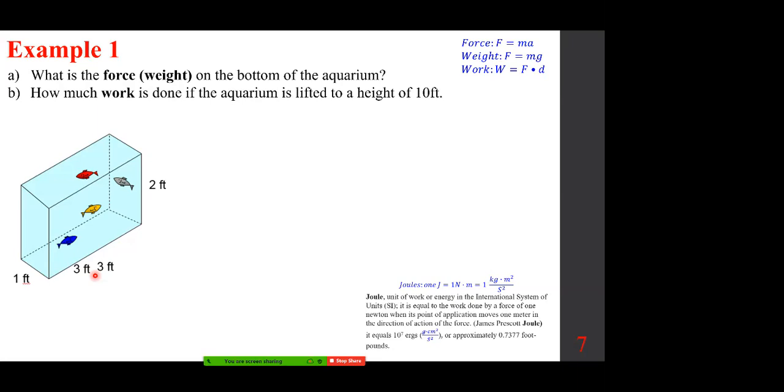Now, we need to know a couple of things. Everybody remembers that rho equals m over v, and m is rho times v. Rho is the density. I hope you remember all of this stuff from physics. Density is defined as total mass over the total volume.